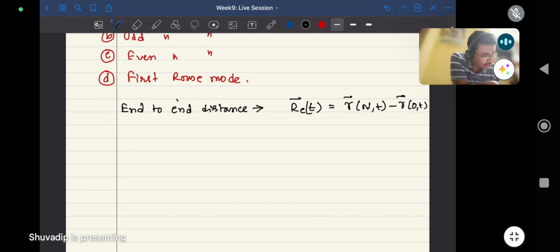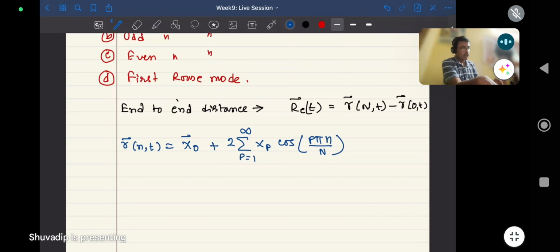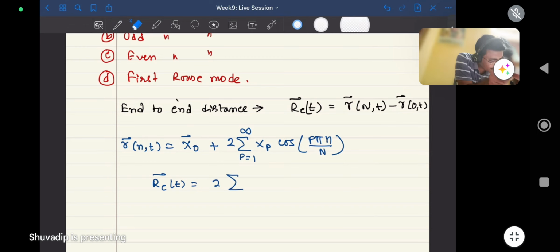Now from all our calculations, we got that R of n comma t is given by x0 plus 2 times the sum over p from 1 to infinity of x_p cos of p pi n by capital N. So if we want to calculate this end-to-end R_E, x0 will cancel, and let me write down explicitly: there will be one term like 2 times the sum over p from 1 to infinity of x_p.